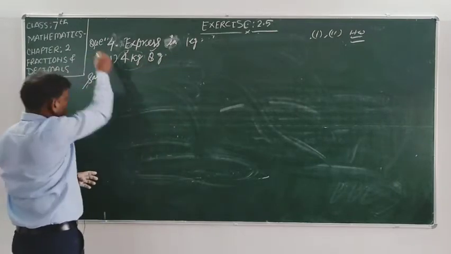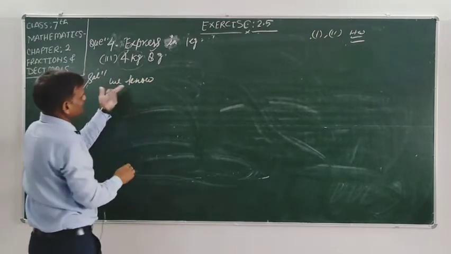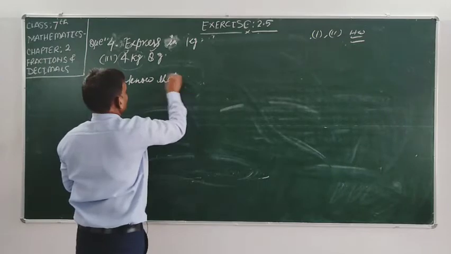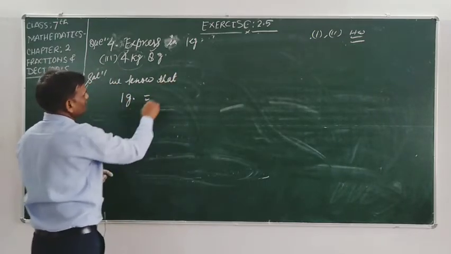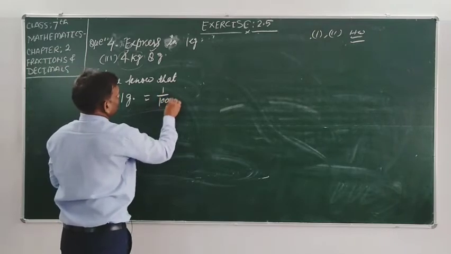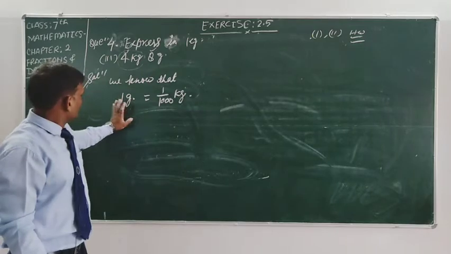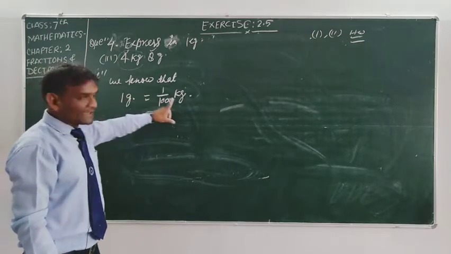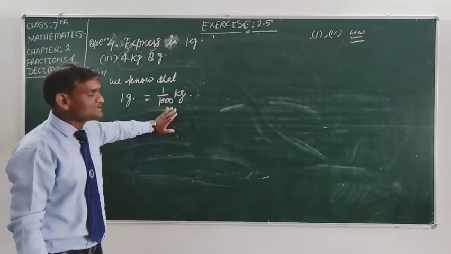So student, we know that 1 gram is equal to 1/1000 kg. This we know. 1 kg is equal to 1000 gram and 1 gram is equal to 1/1000 kg.